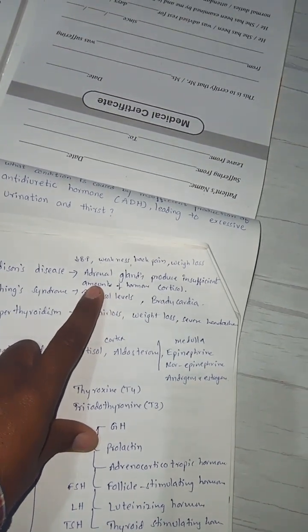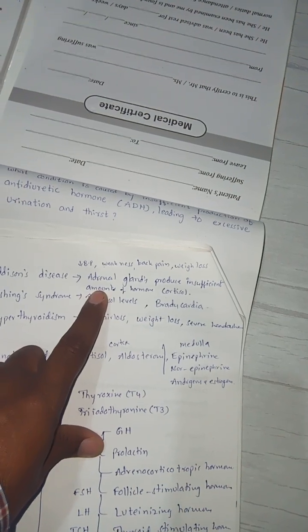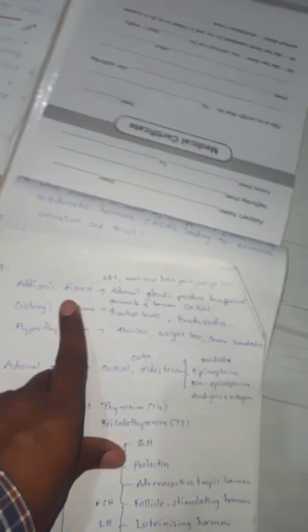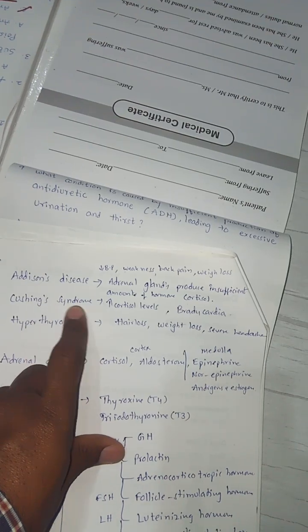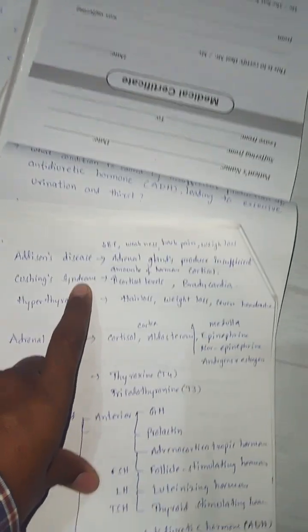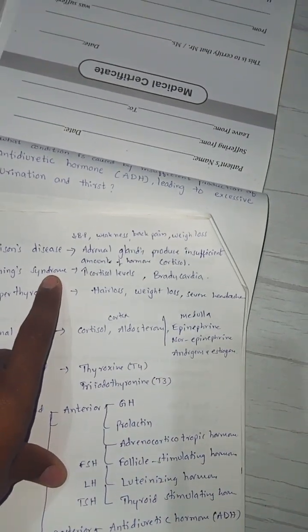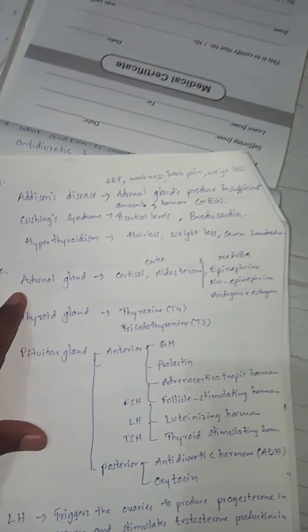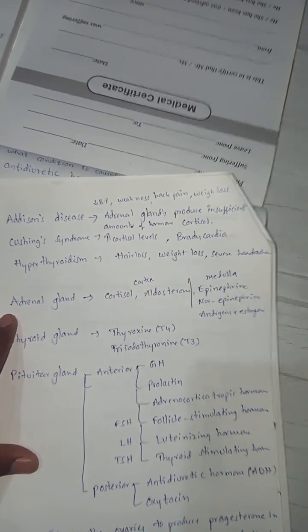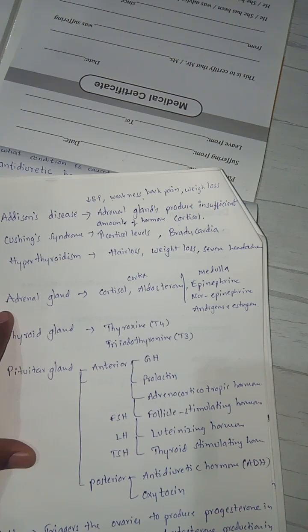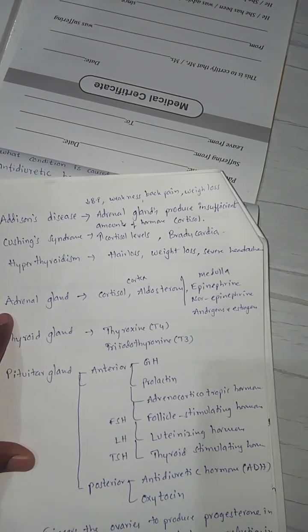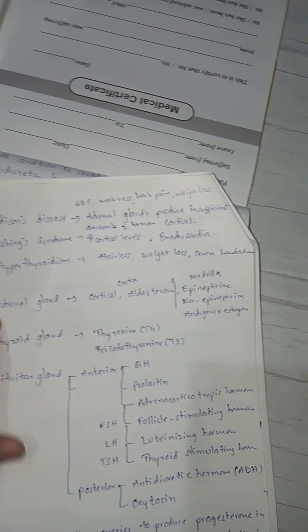So less production of cortisol causes Addison's disease, and overproduction causes Cushing's syndrome. Okay, and the next option is hyperthyroidism. Hyperthyroidism means overproduction of thyroid hormone, and the symptoms are hair loss, weight loss, and severe headache.